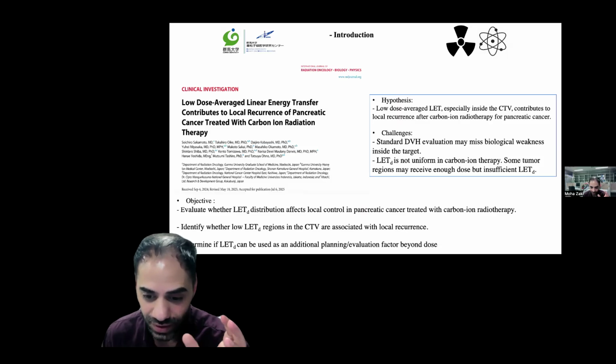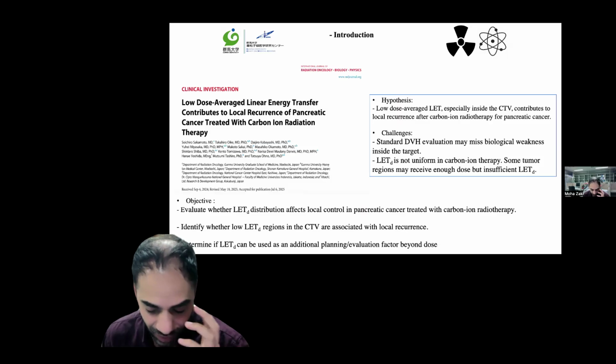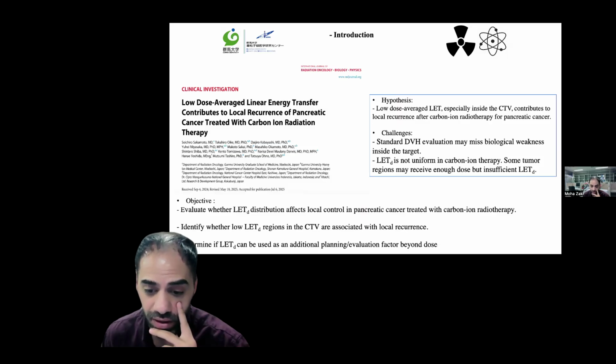The main focus is whether the dose average LET inside the target, especially the clinical target volume, CTV, might contribute to local failure after treatment.